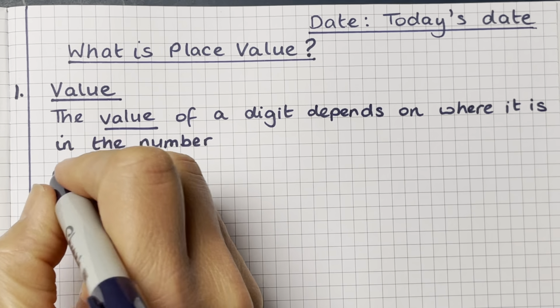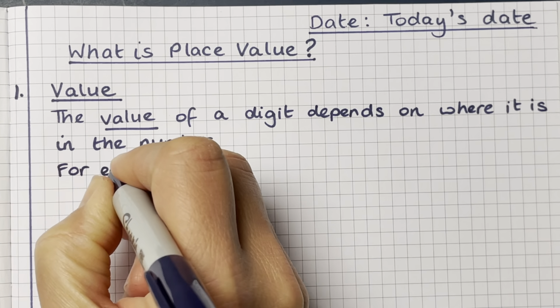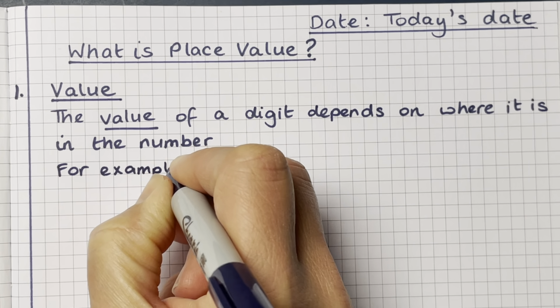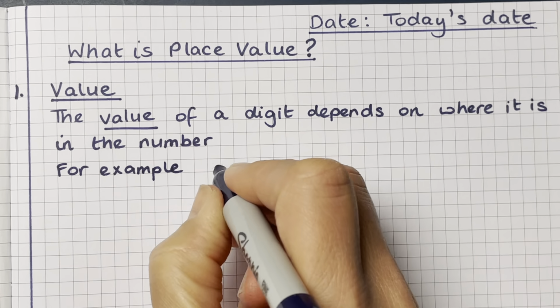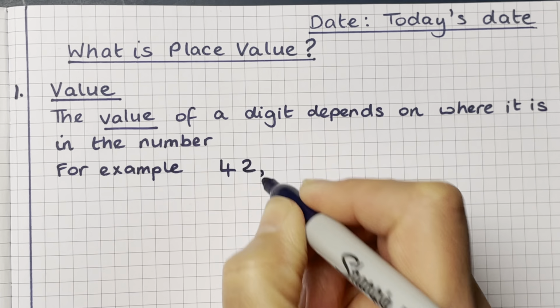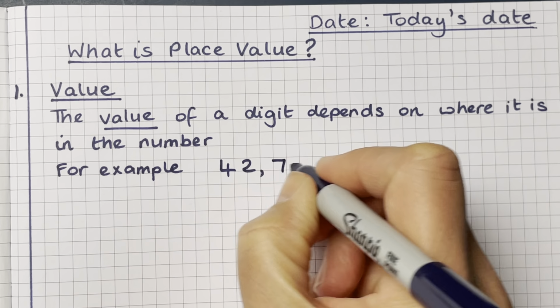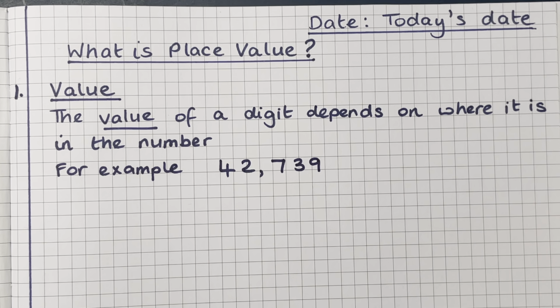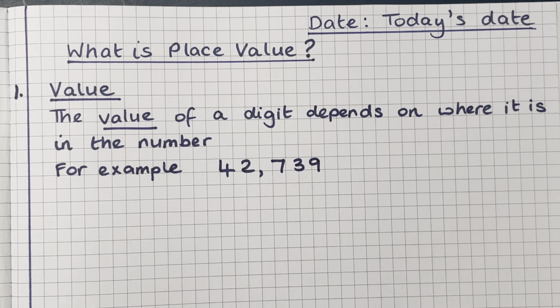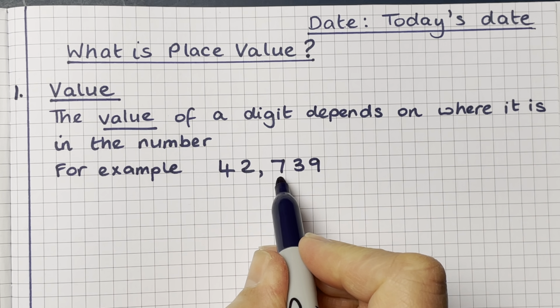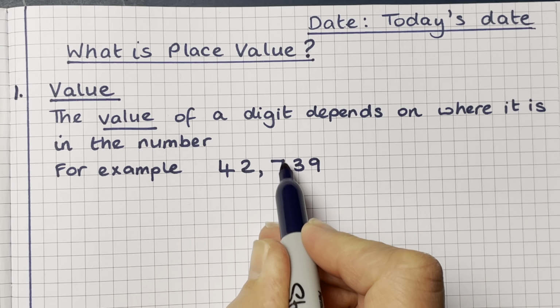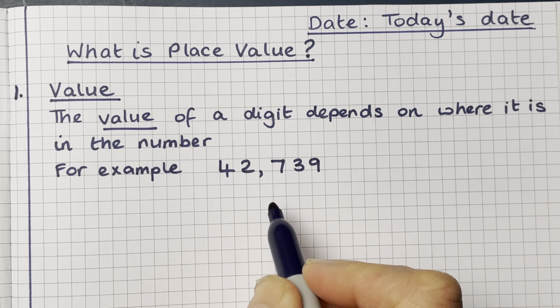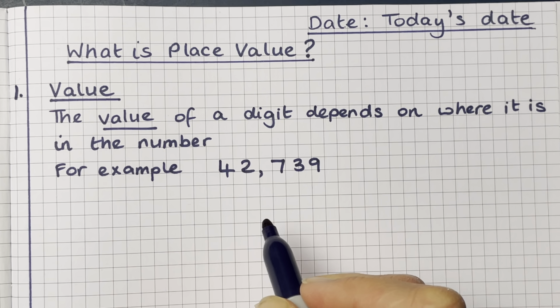So, for example, let's take the number 42,739. Okay? If I look at the number 7, I know that I have 7 hundreds, so its value is 700. Okay?